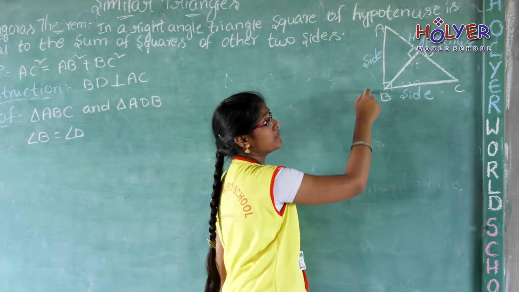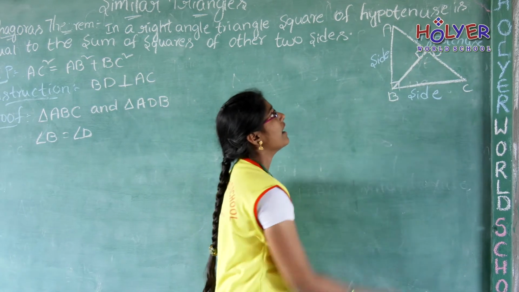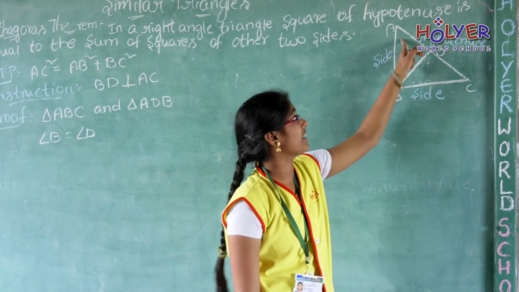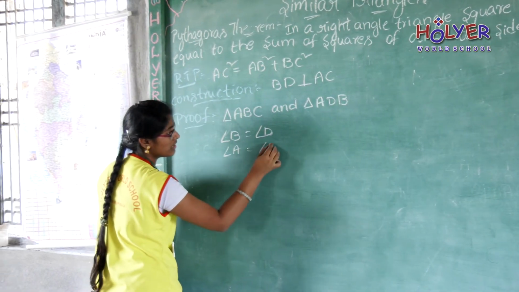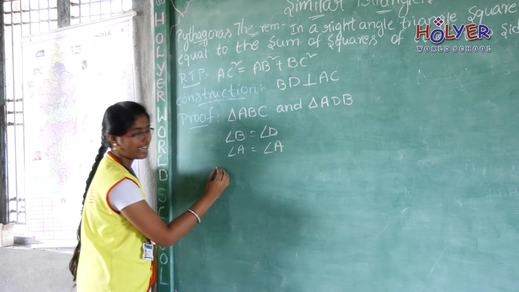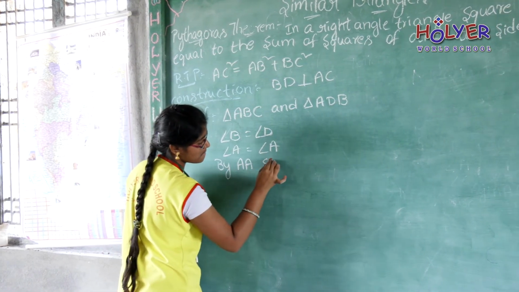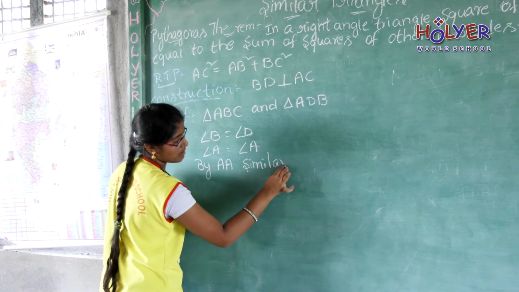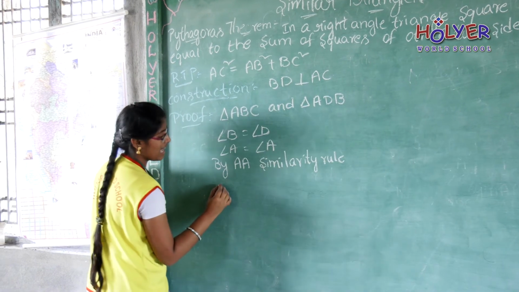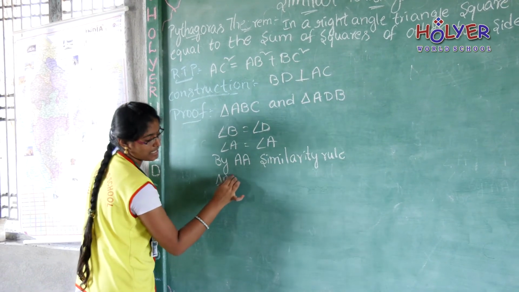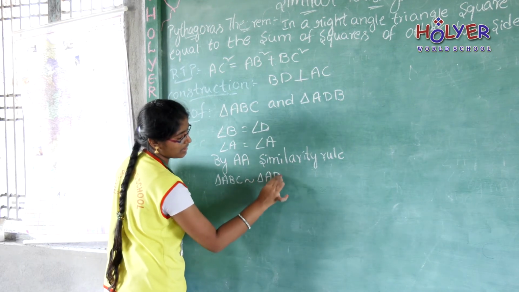In right angle triangle ABC and right angle triangle ADB, A is the common angle. So angle A is equal to angle A. By the AA similarity rule, triangle ABC is similar to triangle ADB.